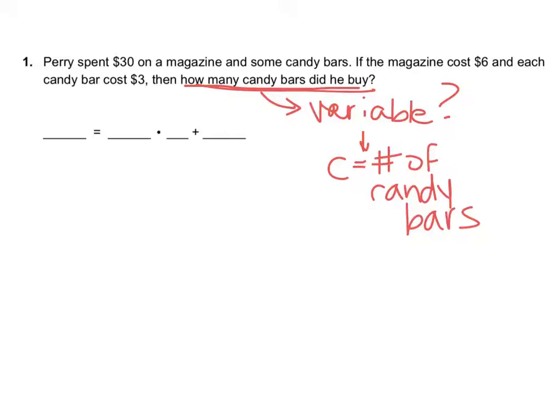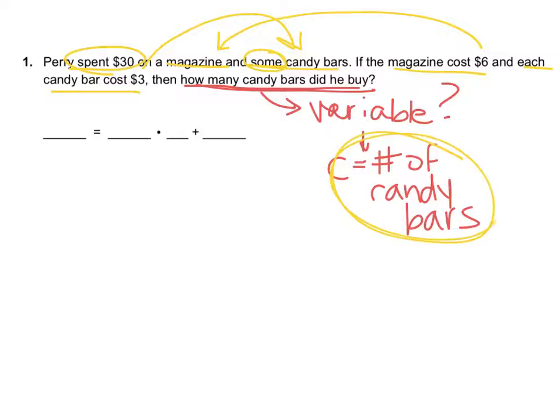Once I know that, I can go back through and read the problem again. He spent $30 on a magazine and some candy bars. The magazine costs $6, and each candy bar costs $3. We know he bought some candy bars, but I don't know how many, hence why my variable is the number of candy bars.